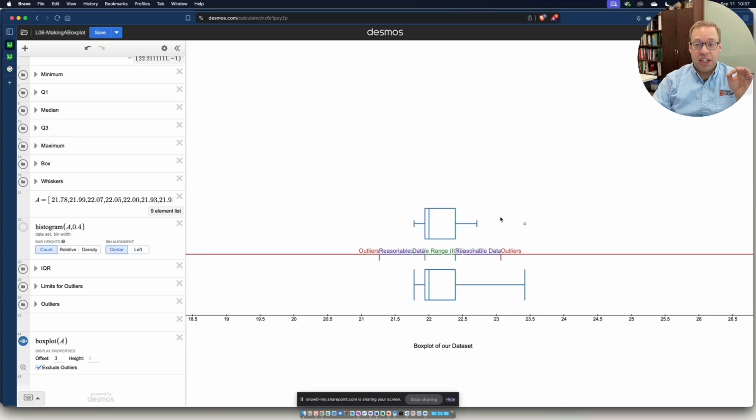And then the next highest value becomes our new maximum. That is our modified box plot, or you could say it's a box plot excluding outliers. Both ways are good. Okay, that helps us understand a little bit more about the interquartile range and how to determine outliers.